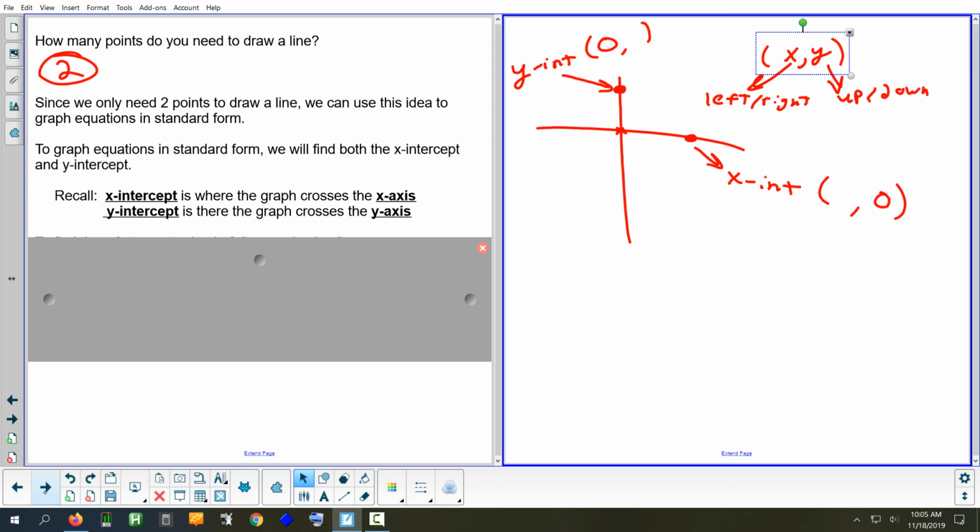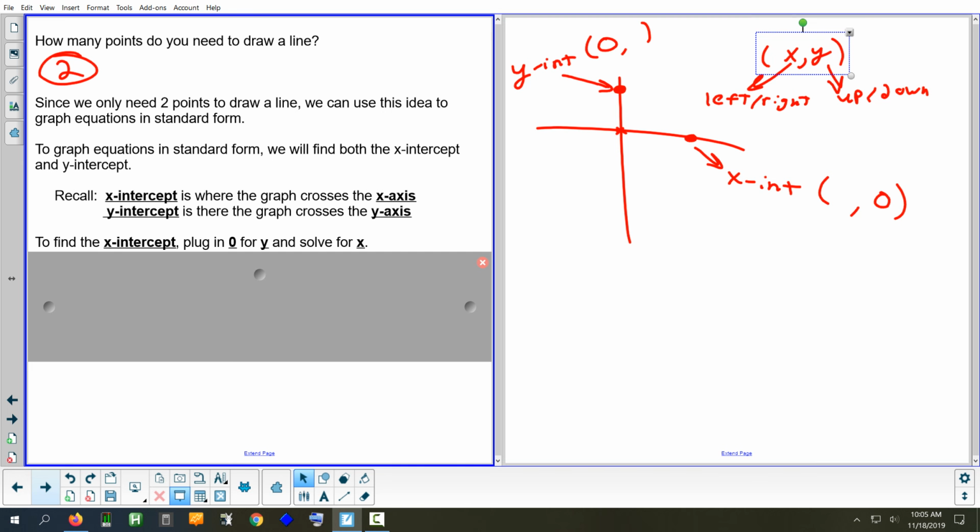So, when you're finding an x-intercept, what letter do we always know in the coordinate automatically? We always know the y value. I don't care what problem you give me. If I'm finding an x-intercept, the y value is always 0, because you never go up or down to reach the x-intercept.